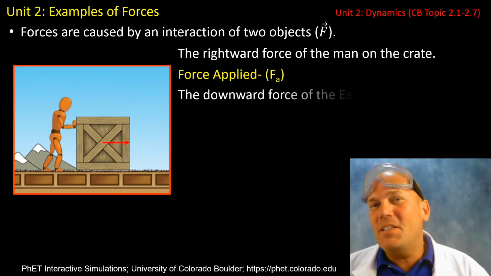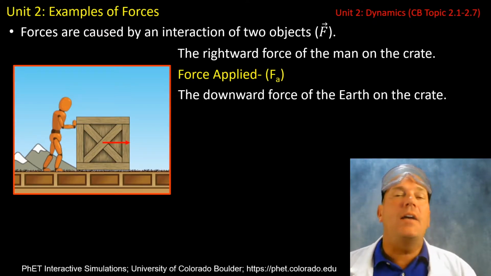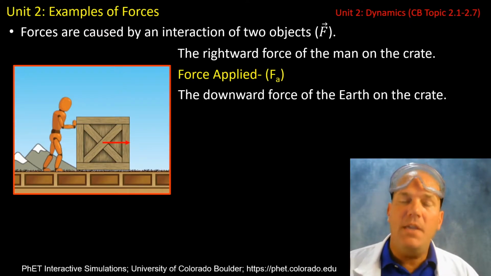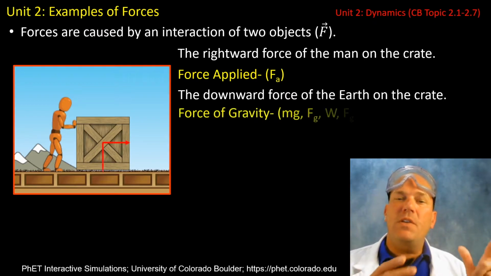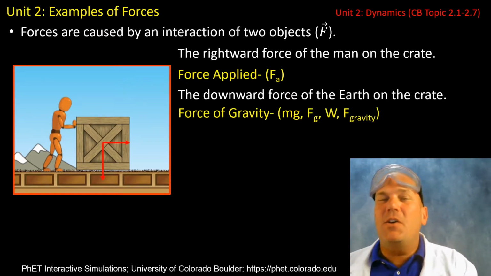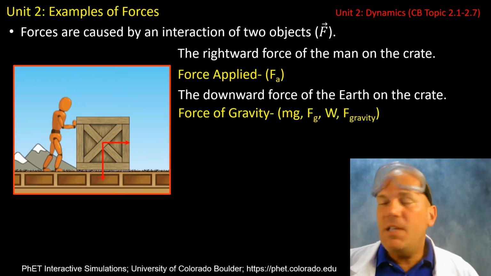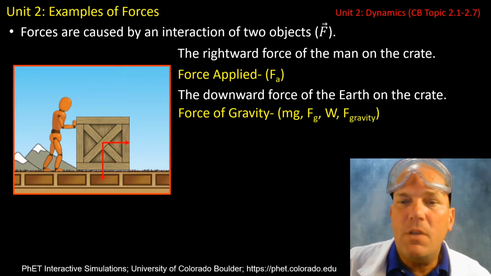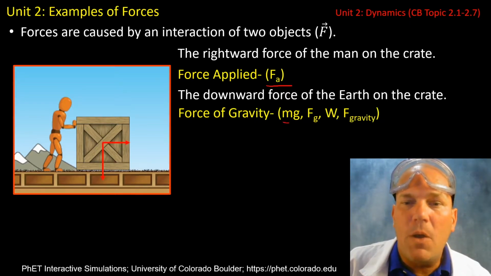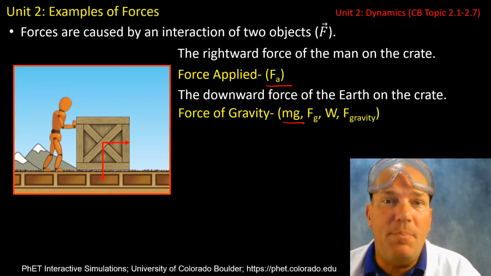And the next force we had was the downward force of the earth onto the crate. Okay, so the downward force of the earth, that's the force of gravity. And so it can be denoted in a number of ways as well. Now, typically, the first one that you see here is the one I will most often use in class, but these are all acceptable.